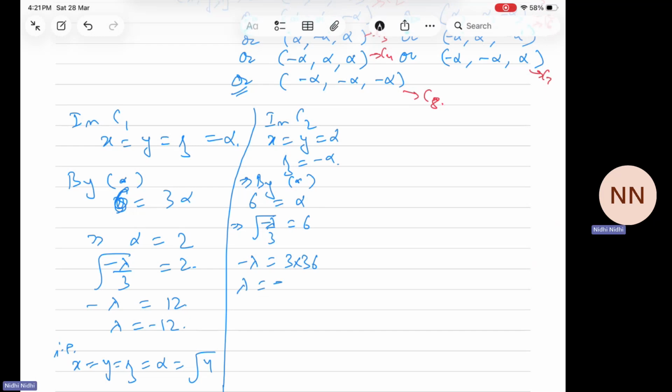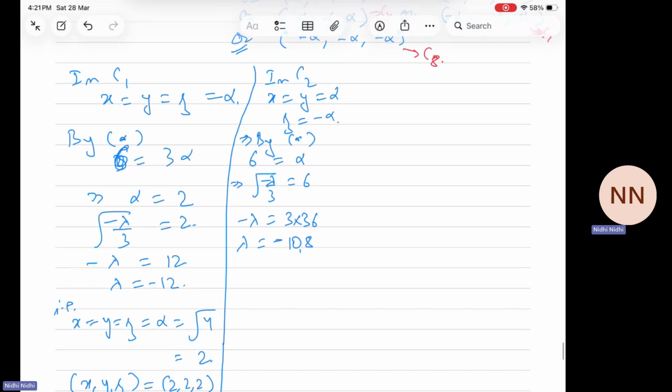So lambda is equal to minus 108. And hence, x equals y equals alpha, and alpha is under root of minus lambda by 3, which is under root 108 by 3. So this is under root 36, no?